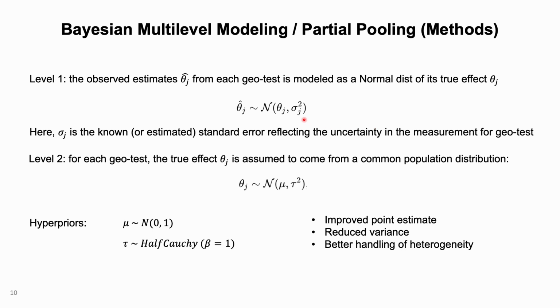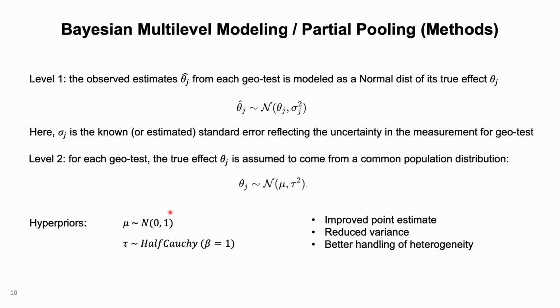For the variance of this normal distribution, sigma j is the known or estimated standard error, reflecting the uncertainty in the measurement for geo-test j. And in level 2, for each geo-test, the true effect theta j is assumed to come from a common population distribution, which follows the normal distribution with mean mu and variance represented by tau squared.